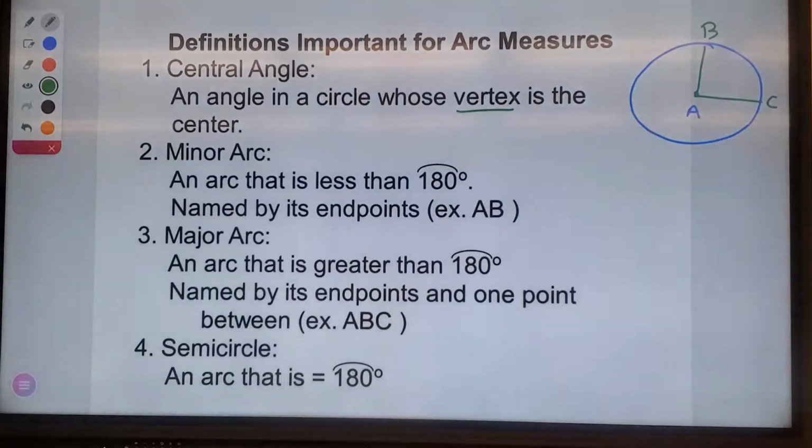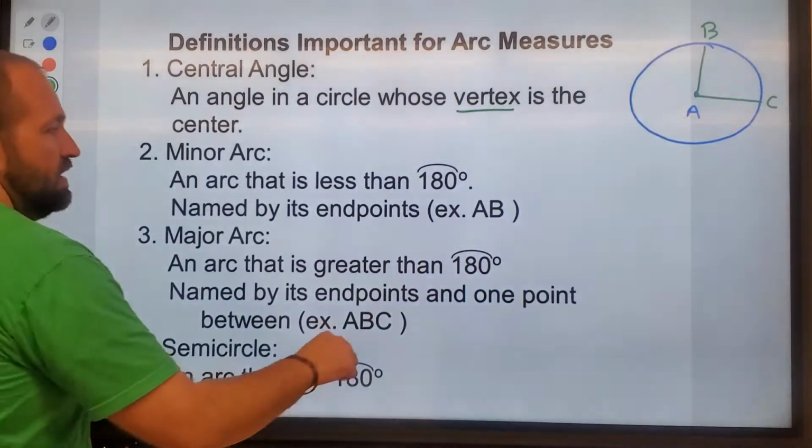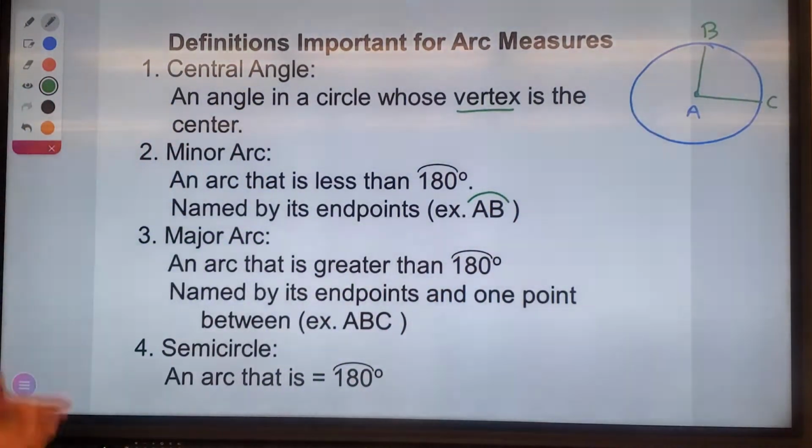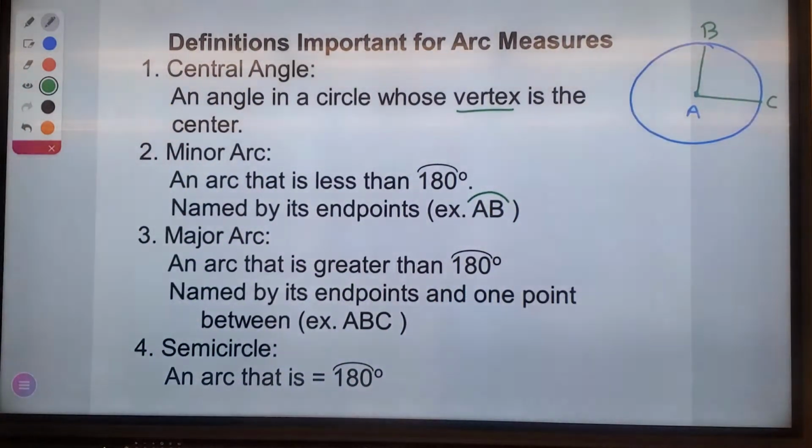Okay. A minor arc is an arc that is less than 180 degrees. Okay, and it is called by its endpoints, and I should have a little arc above that. Okay, so if I'm looking at that example that I just did on the first thing there for central angles, then BC would be a minor arc.